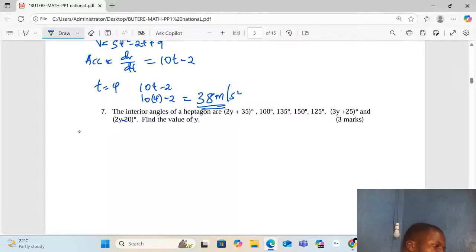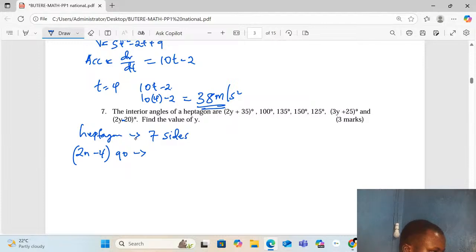First of all, a heptagon has 7 sides. For a heptagon, we know that the sum of interior angles is (2n minus 4) times 90, where n is 2 times 7, that is 14, minus 4, times 90.